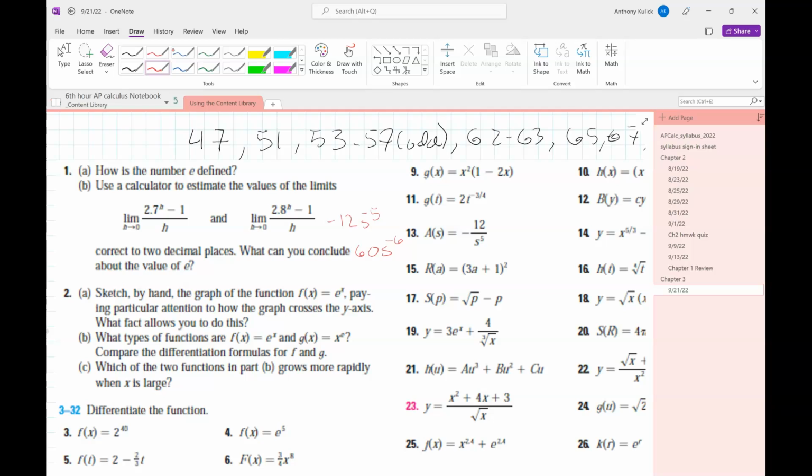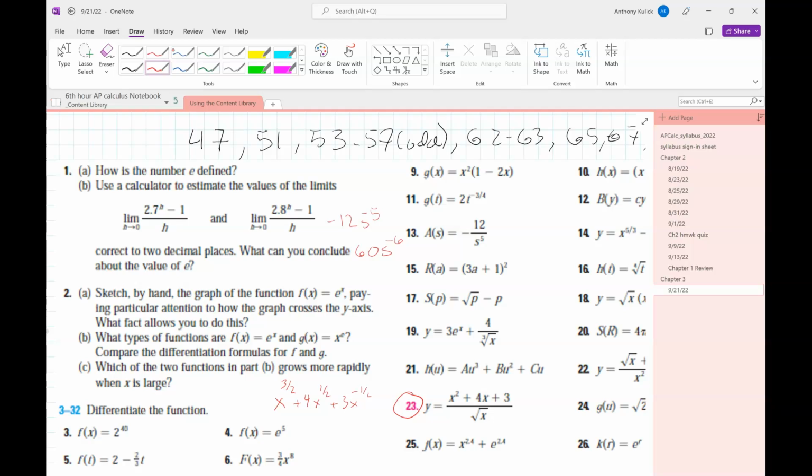Oh, let's do 23. 23 is kind of sneaky. What do you have to do here? That's my first step, is I divide each term by its denominator.